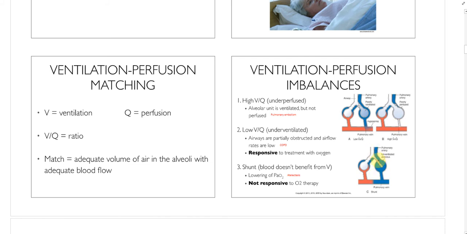But there's a complete lack of airflow through this because, for example, in atelectasis, this is where we're going to have, in small parts of the lungs, a complete breakdown or collapsing of the alveoli. So we're not going to have any benefit from giving them O2, because if there's no movement of air at all, then O2 can't get in there and better oxygenate that area of the alveoli.